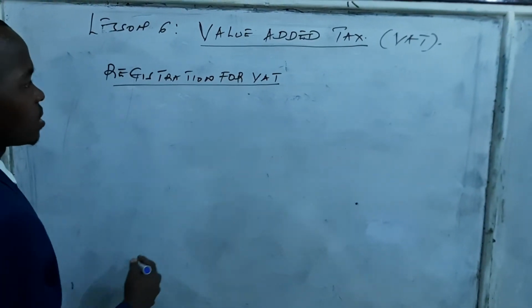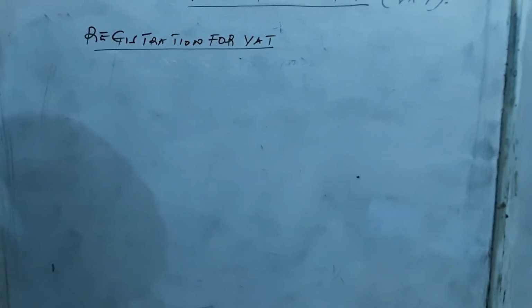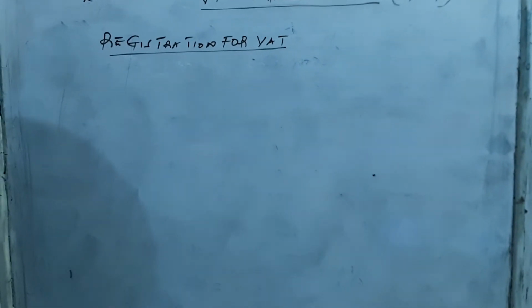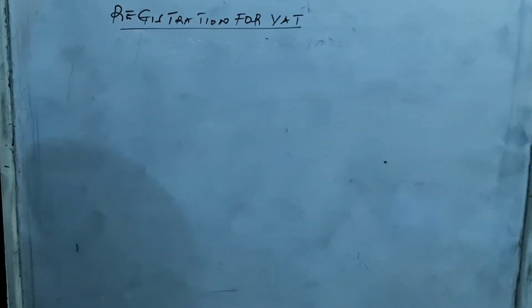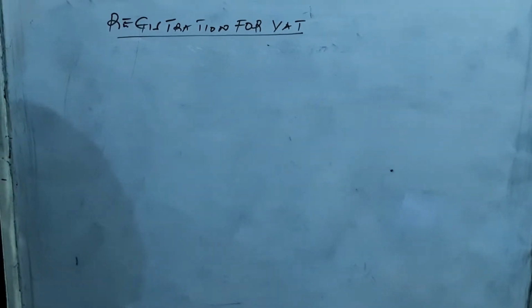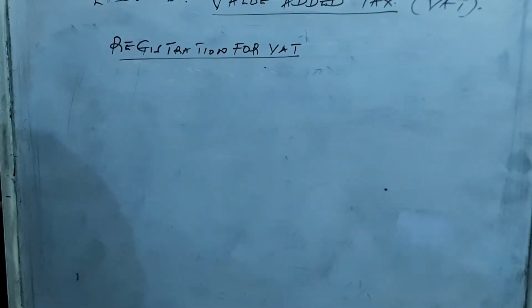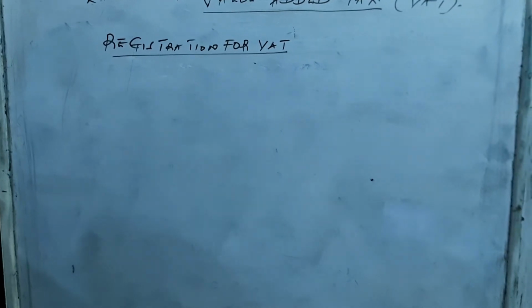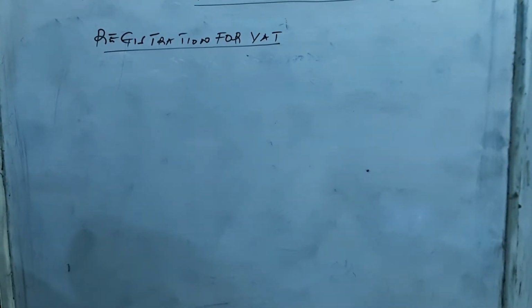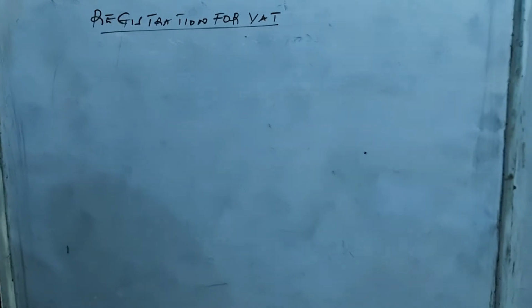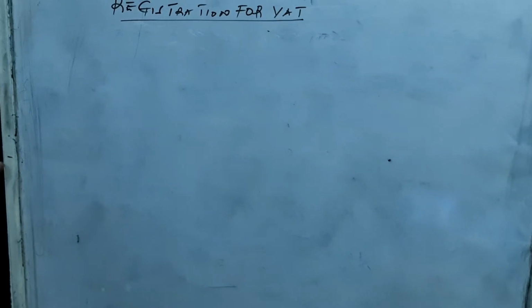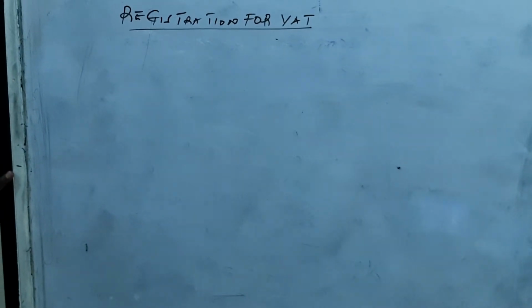Let us look at the registration for VAT here. What are the requirements for a taxpayer to register as a VAT taxpayer? According to the Rwandan tax structure, a person whose taxable transaction in the preceding calendar year or preceding quarter has reached at least 20 million Rwandan francs or 5 million Rwandan francs respectively, is required to register with the VAT administration and must obtain the VAT certificate.